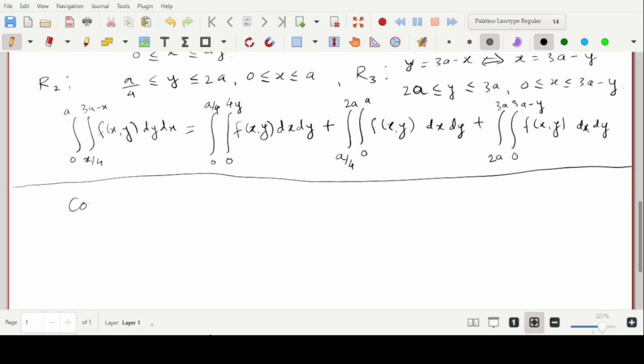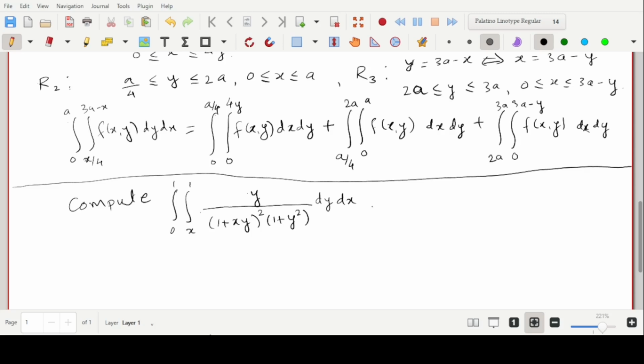Consider, I would write, compute this. This is one example.